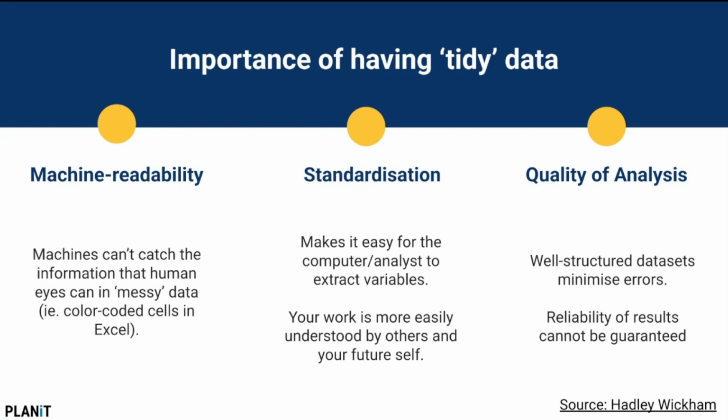It won't understand that it's a data point, because you haven't put that information in either a row or a column. So in order to have it read by machine, you have to have all the data points in each of the rows and columns.